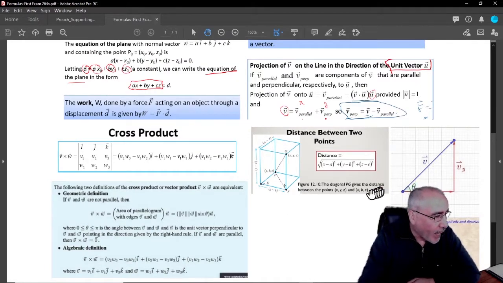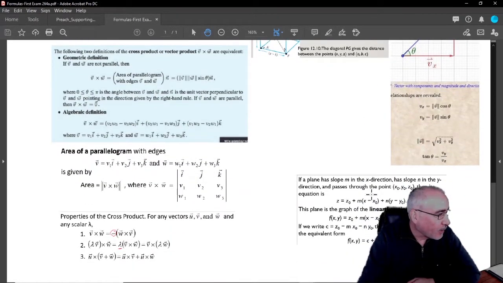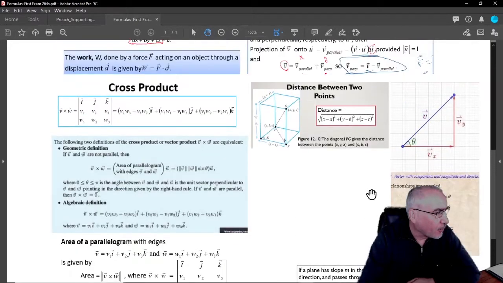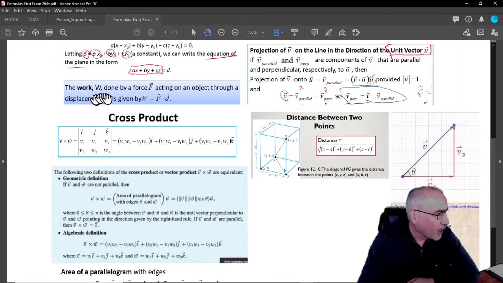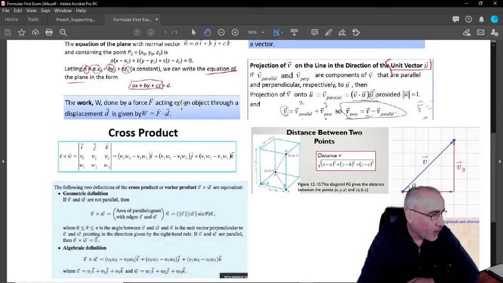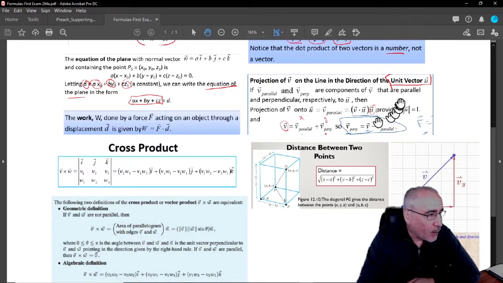Okay, so now just to review, work is given by a force on a displacement vector, F dot D. So the dot product gives us the work. And then over here, we look at the components.